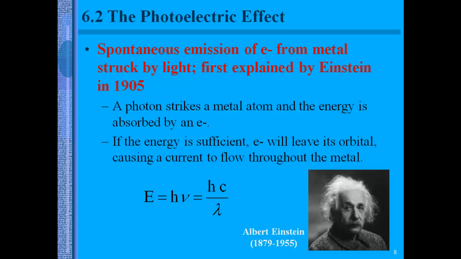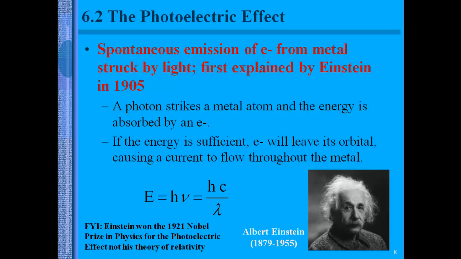He was also able to piggyback on the idea of Planck that the energy will have a relationship to the frequency of that photon. And what's interesting is that Einstein actually won his Nobel Prize for his photoelectric effect work, not his theory of relativity. It's a little tidbit of information there for you.